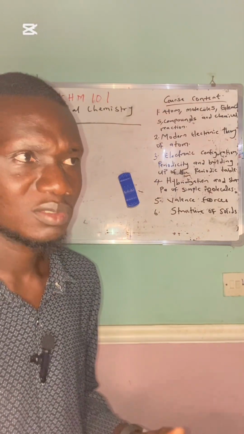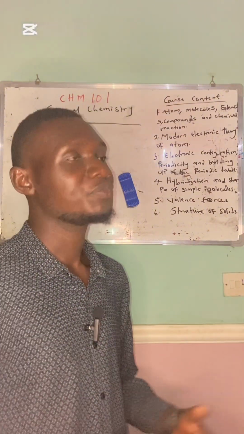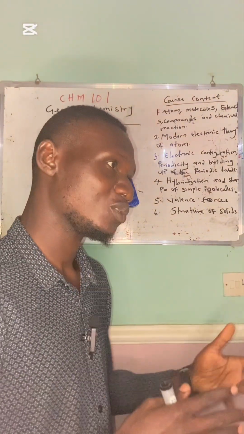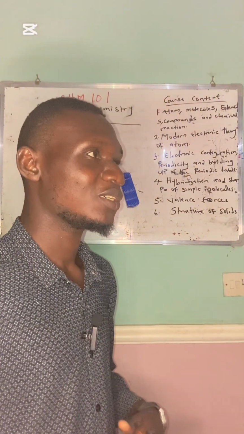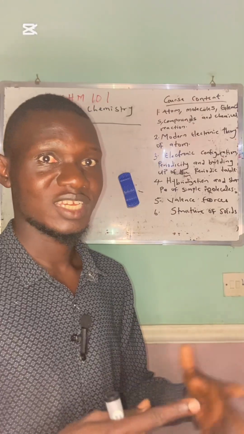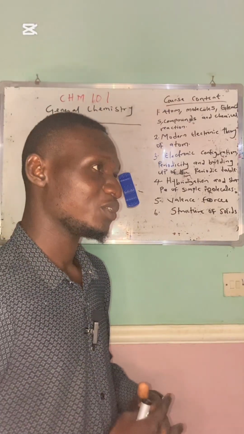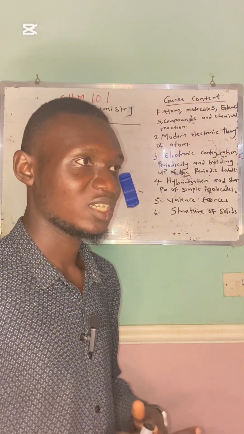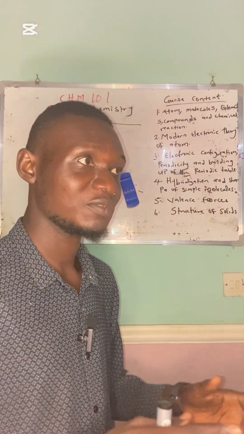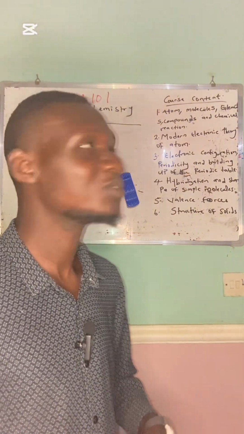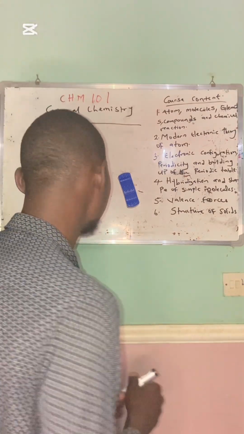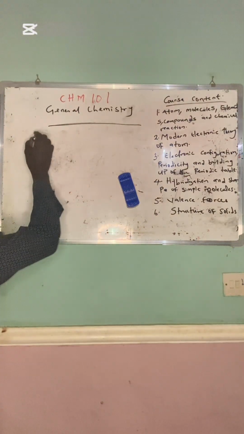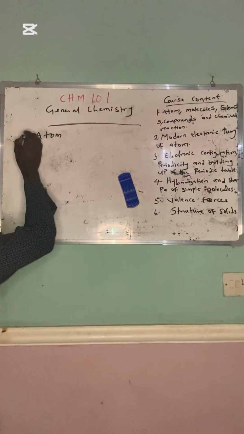No doubt about that. Although these are some of the postulates we'll be discussing when we get to John Dalton, in the early 19th century, when he was able to discover some forces that helped us unravel a lot of secrets about atoms. So that is an atom.